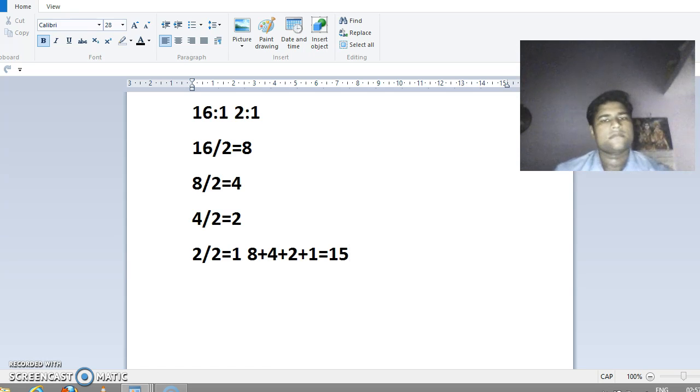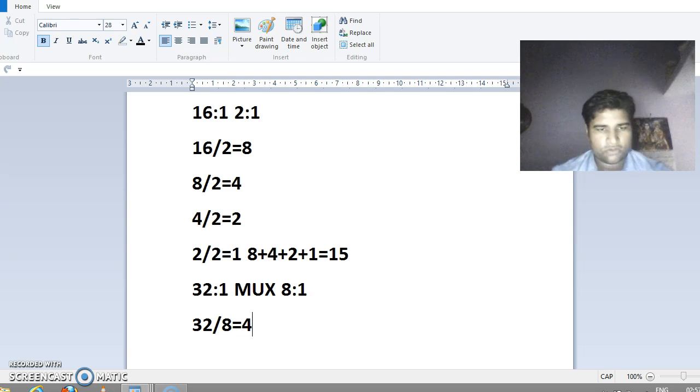Simple. Now one more example. Suppose there is a 32:1 mux. Now the question can be asked: how many 8:1 mux are required? So we will simply take 32. 32 divided by 8 equal to 4.